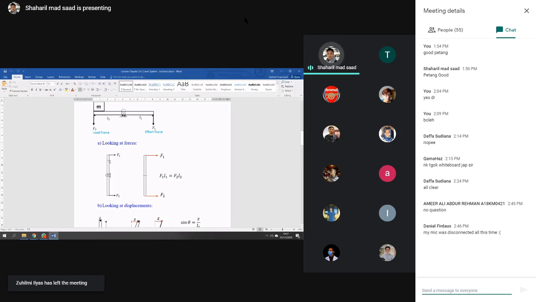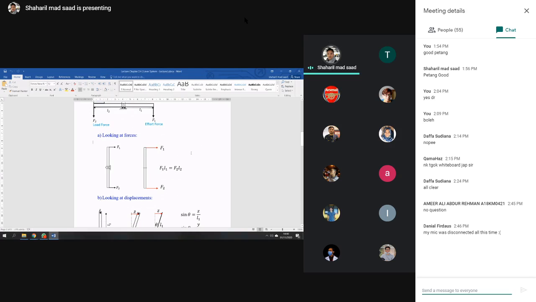To draw the force at the lever system, you can draw the free body diagram here, with F1 applied here and F2 right here, and then you can get some torque: F1 times L1 here, and F2 applied with L2 here. This is basic torque.